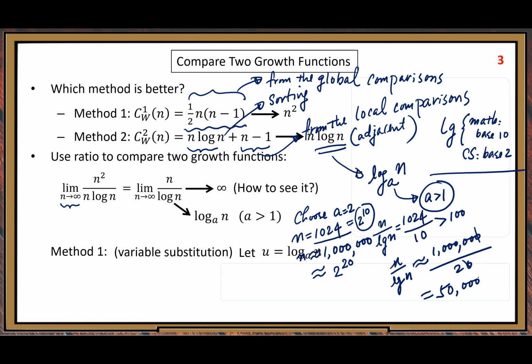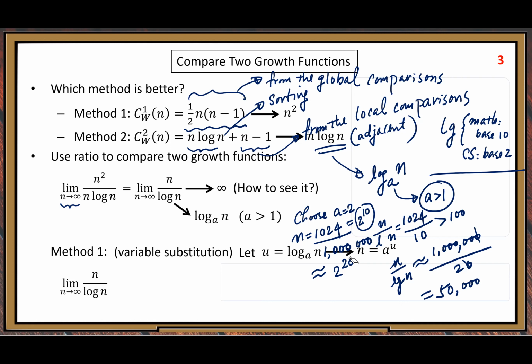We take u equals log base a of n. Then n equals a to the u.